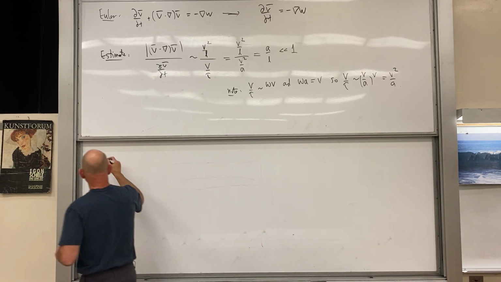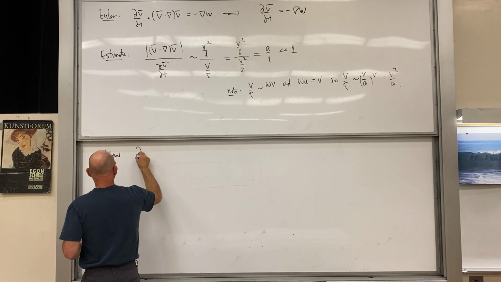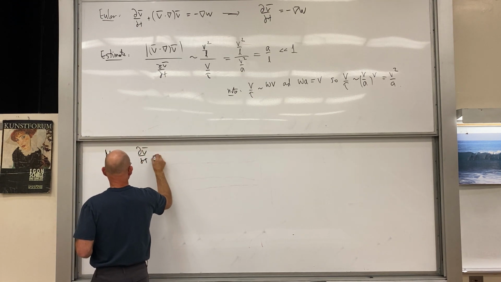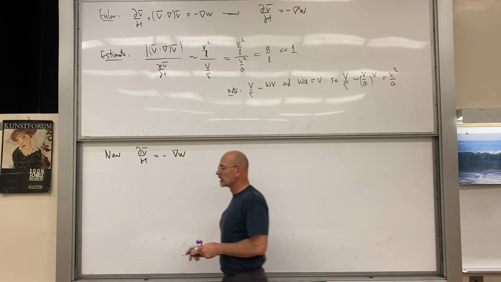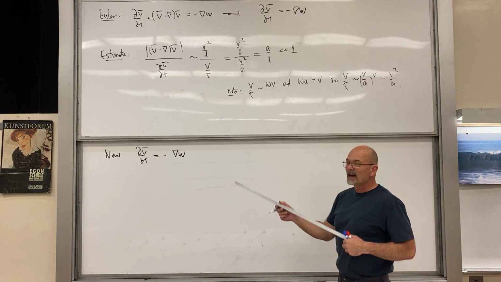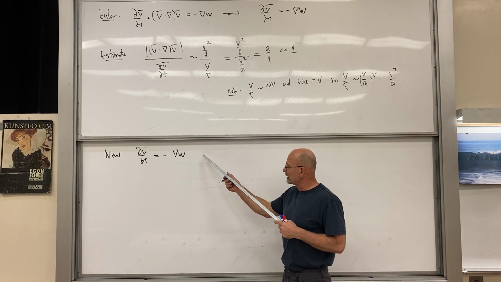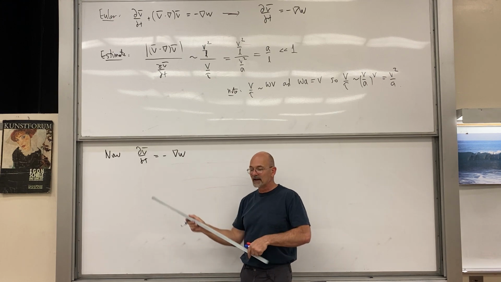So now, dV dt equals minus gradient of W to adequate approximation. I'm trying to generate the fact that this is going to be a potential flow. I can't plug it in yet.